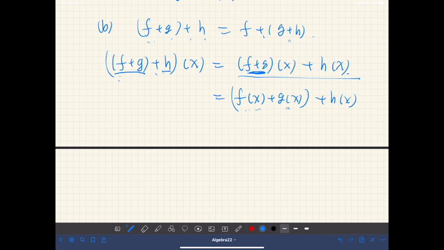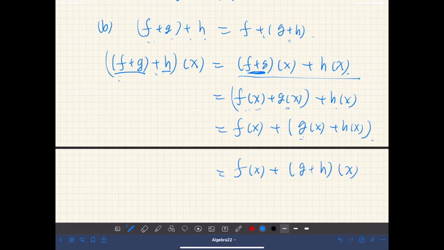f of x is a real number and g of x is a real number and h of x is a real number. So we can apply the associativity law of real numbers to have f of x plus (g of x plus h of x). But by the definition of addition between two functions, this turns into (g plus h) of x.